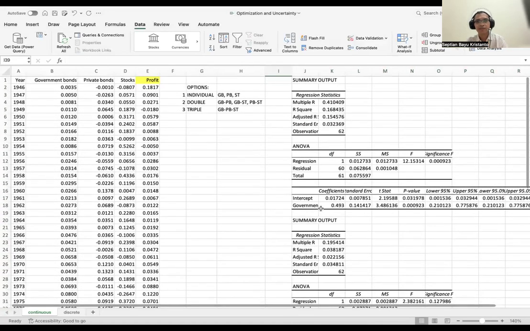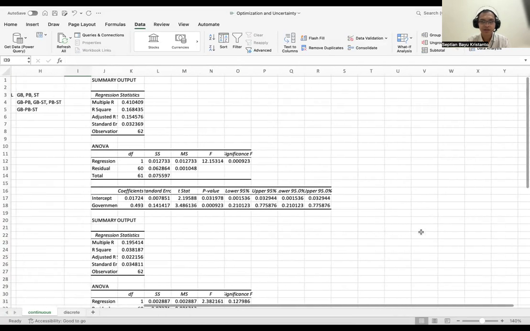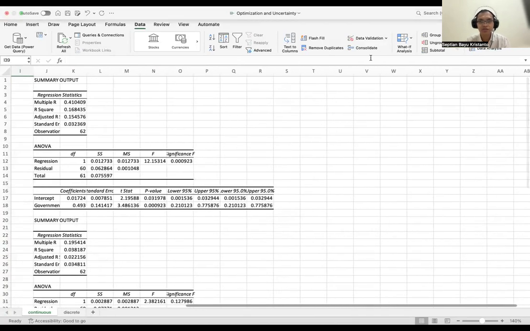Okay, and then we need to compare. I need to create a new table here. Okay, for our options, what should we compare?